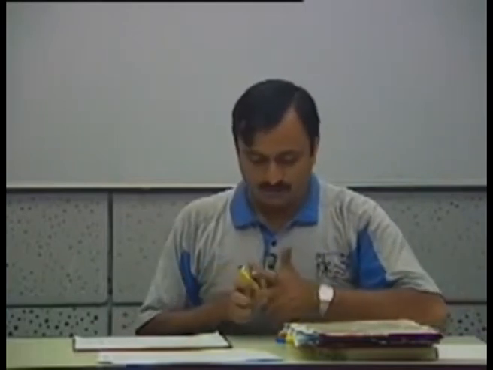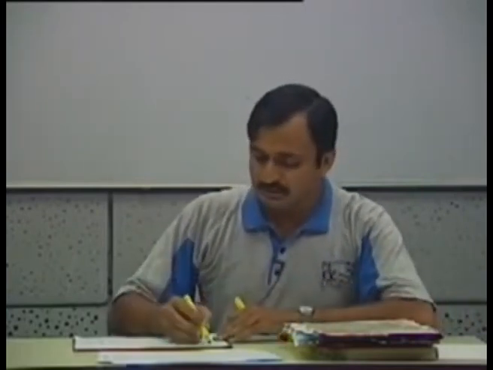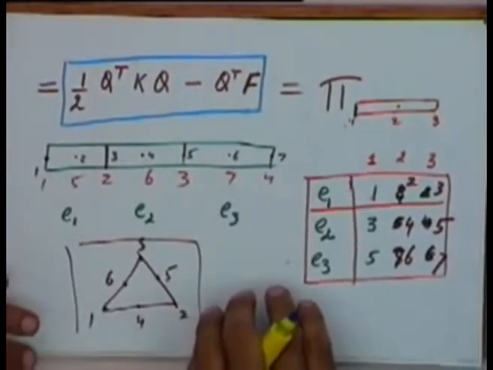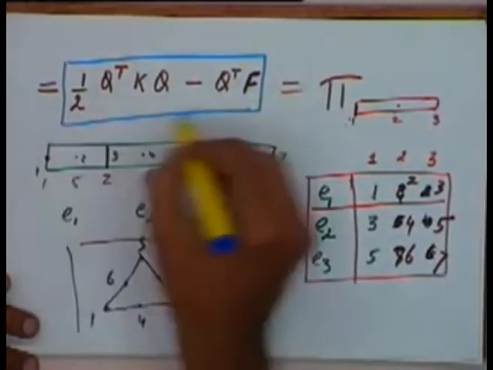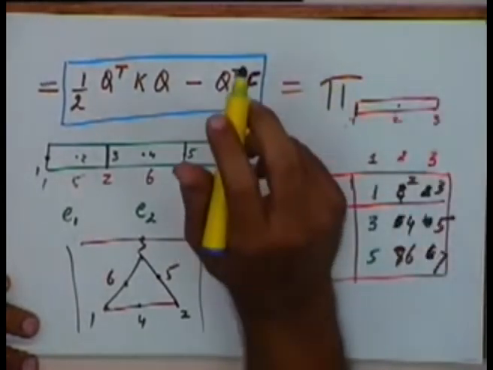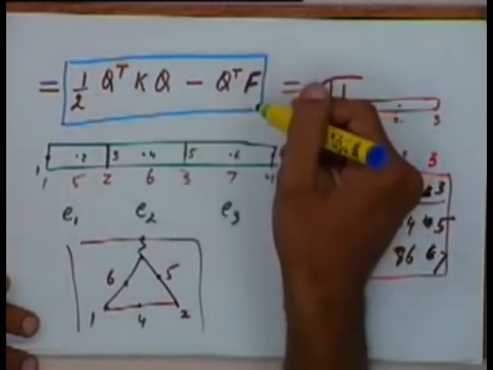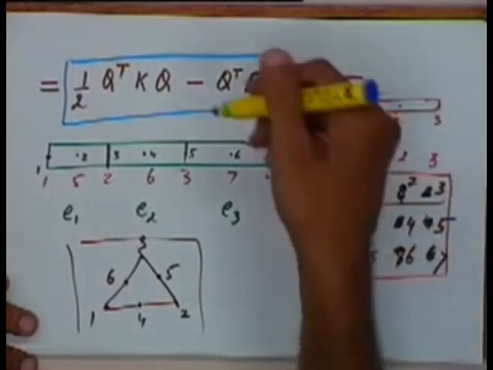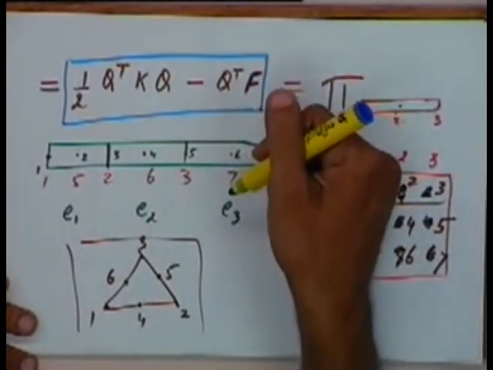So the potential energy expression is given by this formula. Now if you notice, the potential energy expression is the same as what we had earlier. The boundary condition is also going to be the same as what we had earlier. So our method of solving is also going to remain the same.